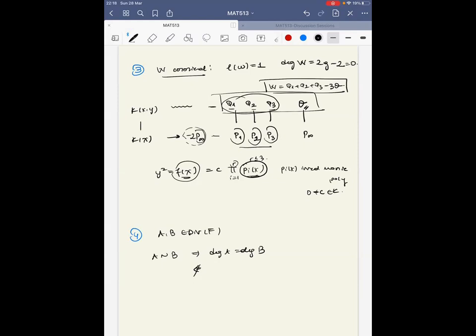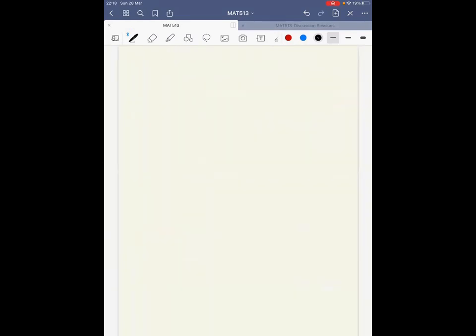In order to see that, you can also check Silverman's The Arithmetic of Elliptic Curves book, which shows us that if we have two equivalent rational places, they are supposed to be the same.